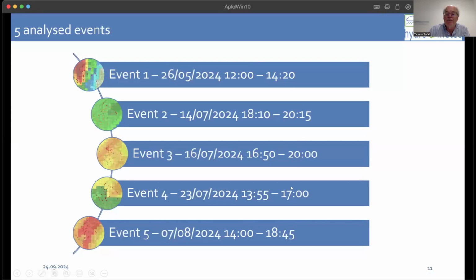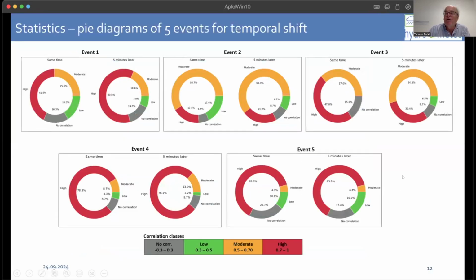So we had these 5 events. And for the events, we then found out if we are looking at the same timestamp between sensors and radar, we are getting for event 1 a significantly worse result than with the sensors 5 minutes later.